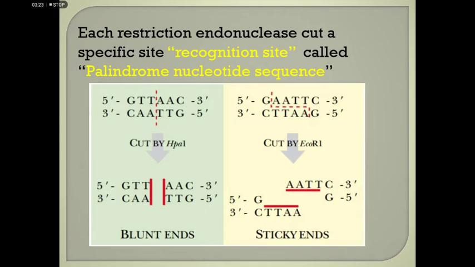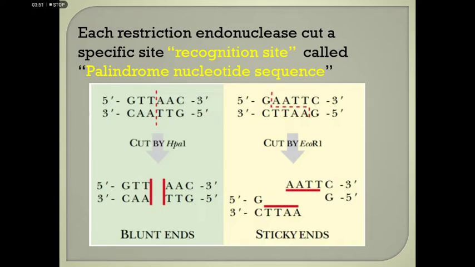Each restriction endonuclease cuts a specific site, the recognition site that we mentioned in the previous slide, called a palindromic sequence. Restriction enzymes can cut only a specific nucleotide sequence known as a palindromic nucleotide sequence.